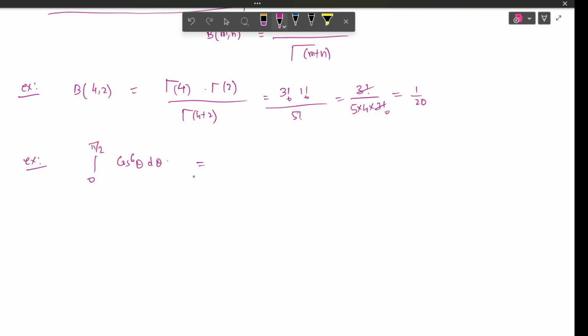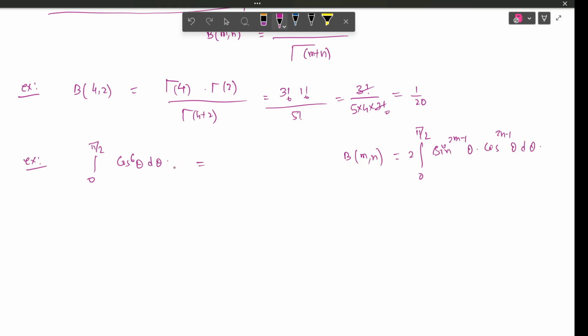See, our formula is beta of m comma n is twice integration 0 to pi by 2 sin to the power 2m minus 1 theta into cos to the power 2n minus 1 theta d theta, right?